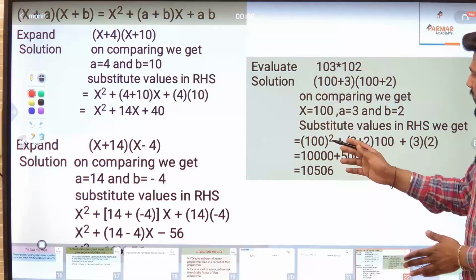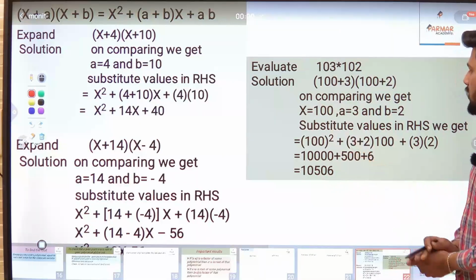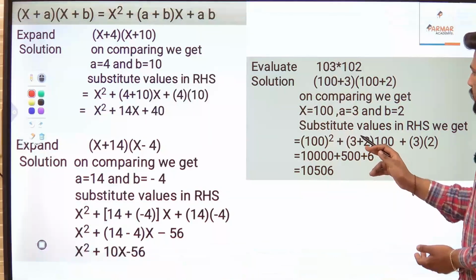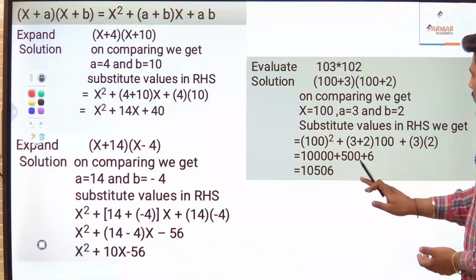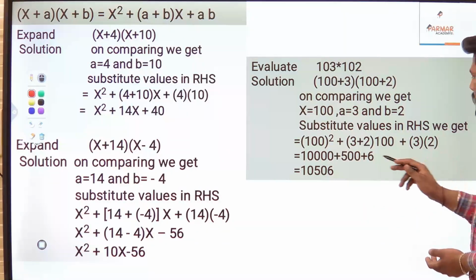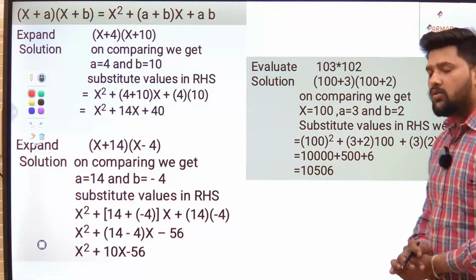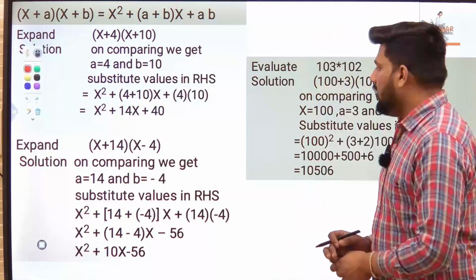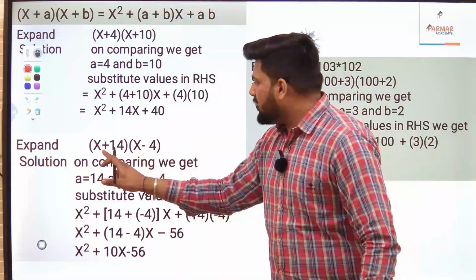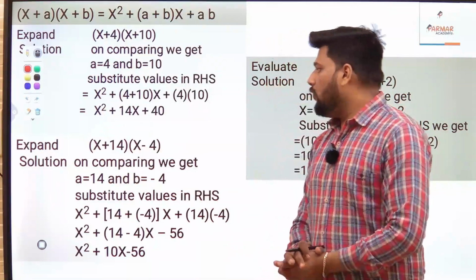On calculation I will get 100 square, that is 10,000, plus 3 plus 2, that is 5, 5 into 100, that is 500, plus 3 2s are 6. And the overall answer is 10,506. And the last question is x plus 14 into x minus 4.